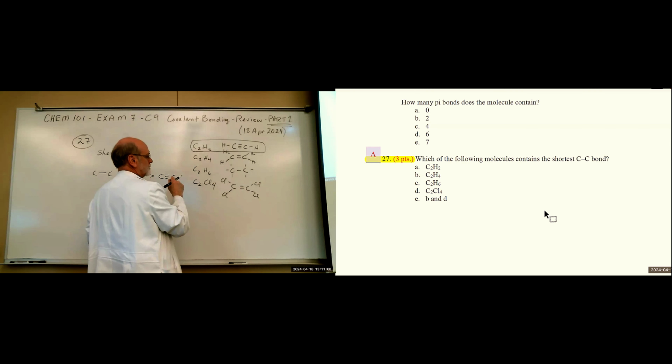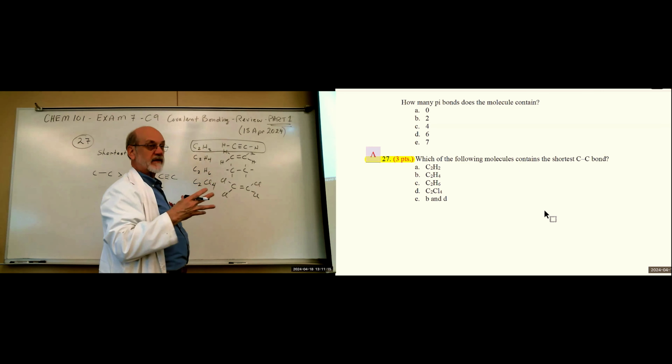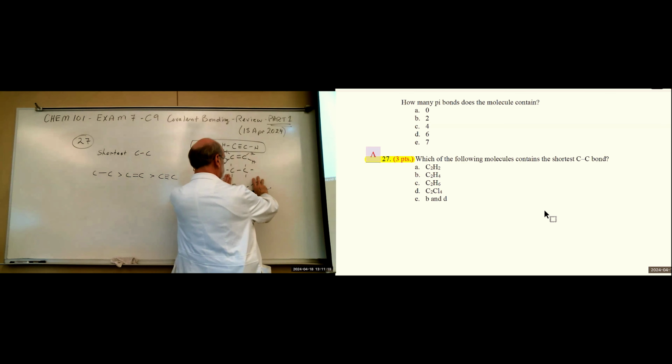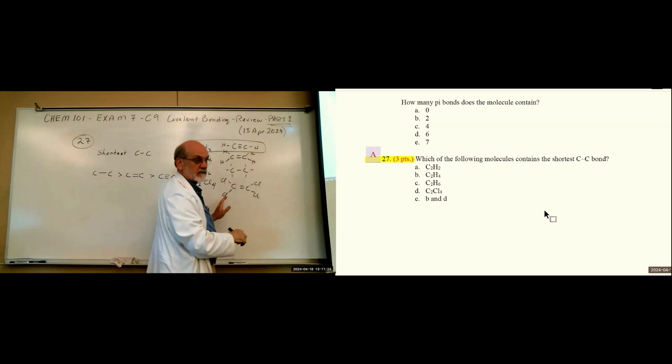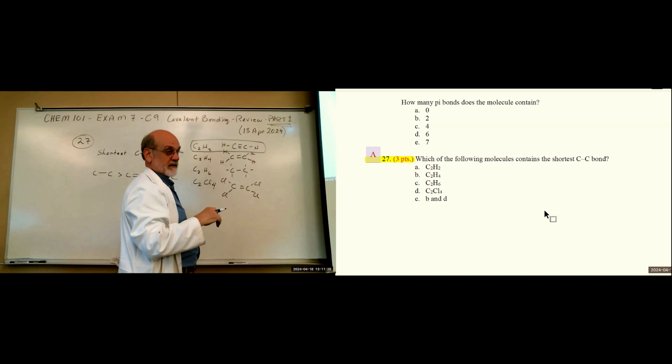Well, you would look at it this way. Is there anything in either one of these molecules that would weaken the bond? I mean, if we don't have these hydrogens and chlorines to look at, they look like the same bond, double bond. But chlorine is more electronegative than hydrogen.